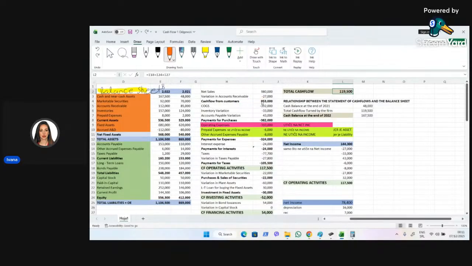Okay, and this is the real cash flow from the customers: 980,000 minus 27,000. Okay, COGS is cost of the goods sold, and cost is similar to expense and will always be minus because we have to pay something.